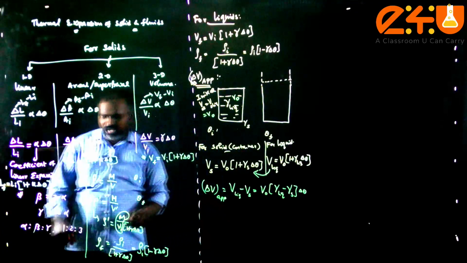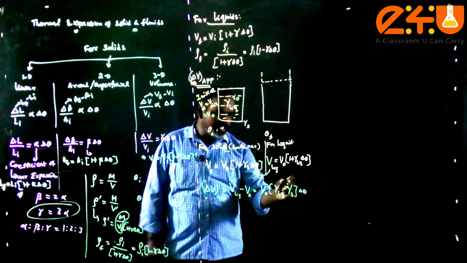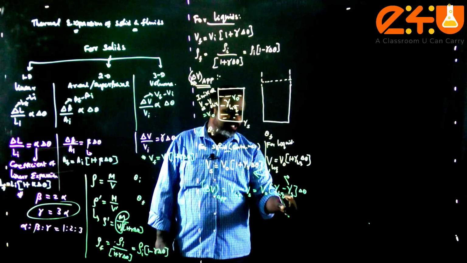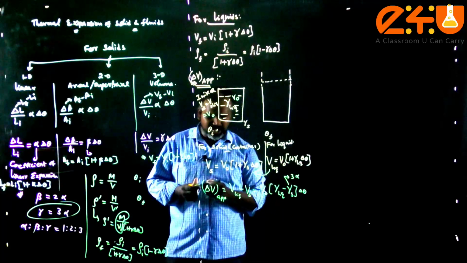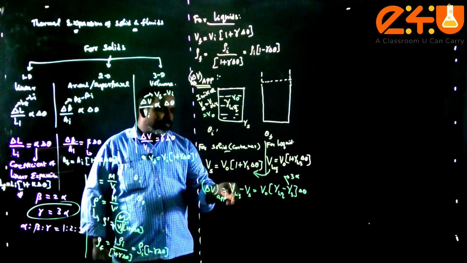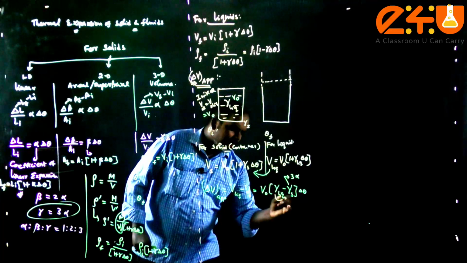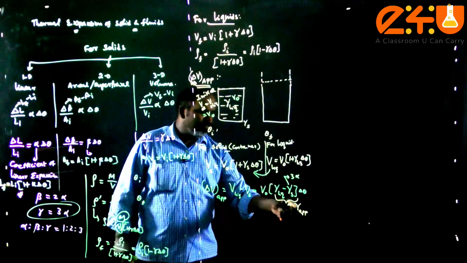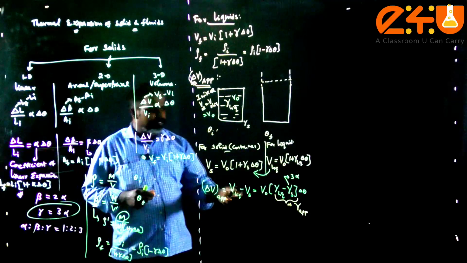As we said, gamma solid is 3 times its linear expansion coefficient. Sometimes, instead of the volume coefficient of expansion of the solid, we can use 3 times its linear expansion if needed. From this expression, delta V may be positive, negative or 0, depending on this parameter. This term is called the apparent volume coefficient of thermal expansion.